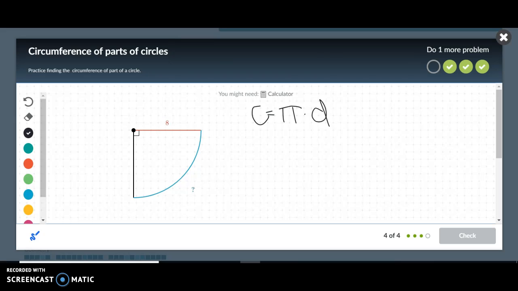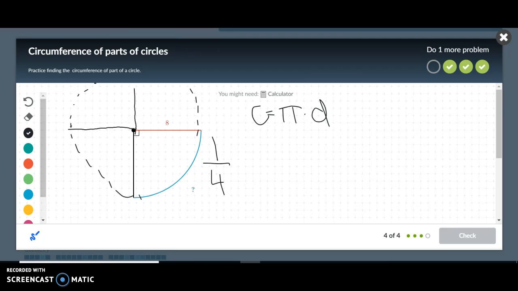Now, if we were to draw the whole circle the best that I can, I'm not going to be able to do all of it, but let's say we drew all of it, it would be fourths. But how many fourths? Isn't it 1/4? Yes, it is. It's just this part here, which is from here to here, that's 1/4 of the circumference.